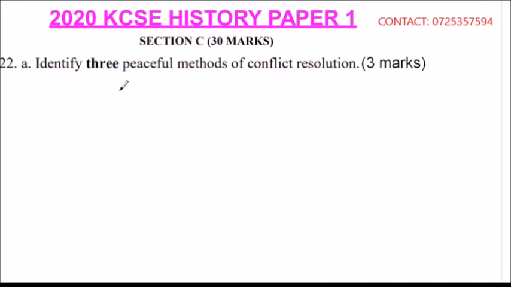Question 22, part A: identify 3 peaceful methods of conflict resolution. Conflict is when we have individuals quarreling, countries quarreling, government departments like that.